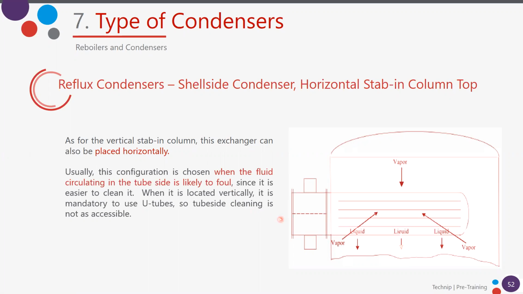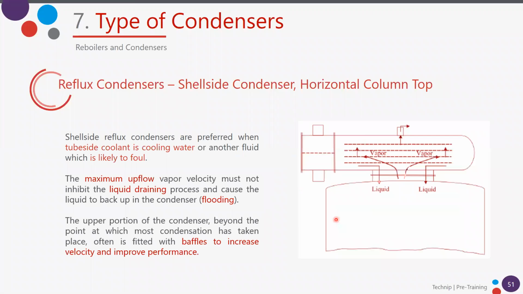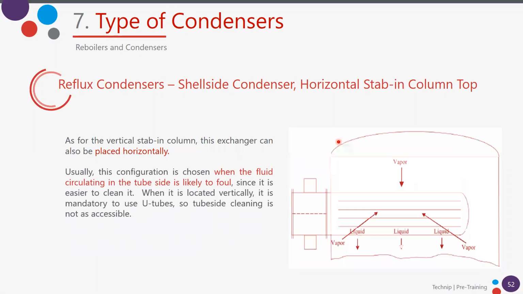When it is located vertically, it is mandatory to use U-tubes, so tube side cleaning is not accessible, or is less accessible than in this case. In this case, it is not mandatory to have U-tubes.